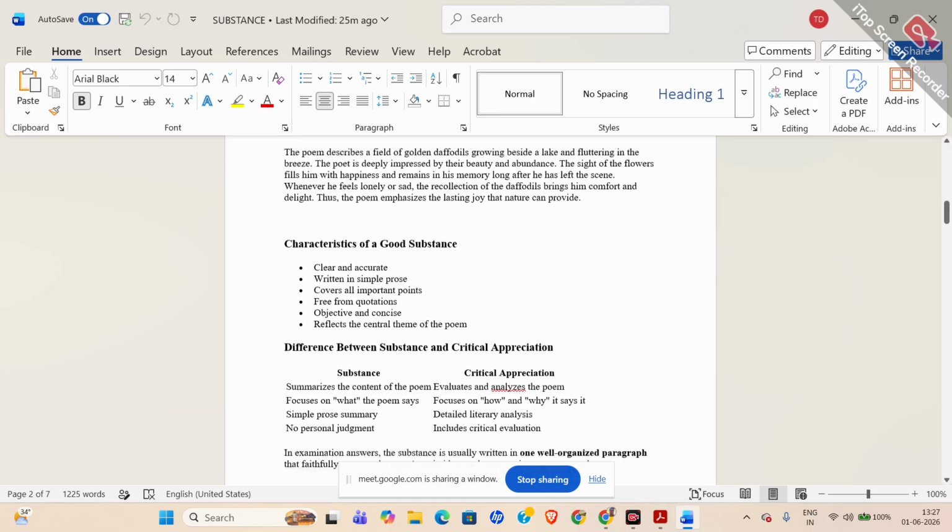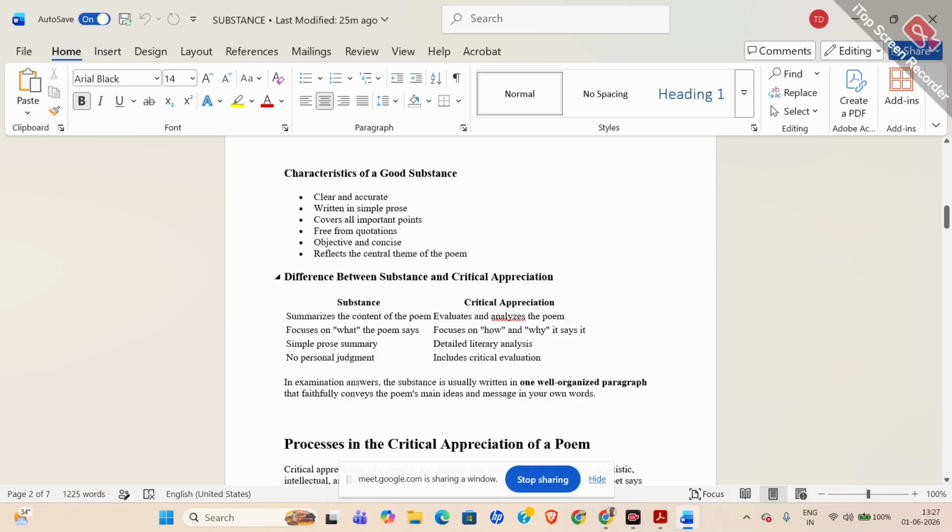Now, what are the characteristics of a good substance? ভালো সাবস্টেন্স লেখার তার বৈশিষ্ট্যগুলো কি হবে? একটা ভালো সাবস্টেন্স কিভাবে হয়? It should be clear and accurate. That is quite obvious.